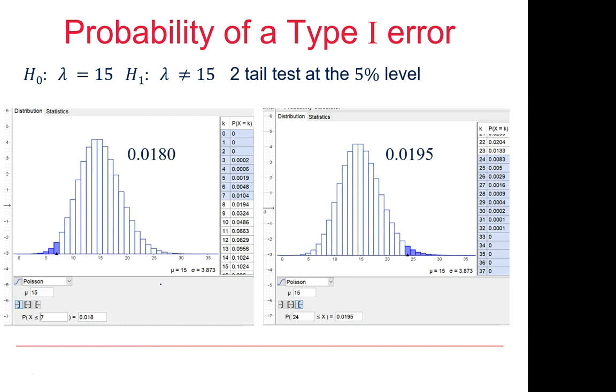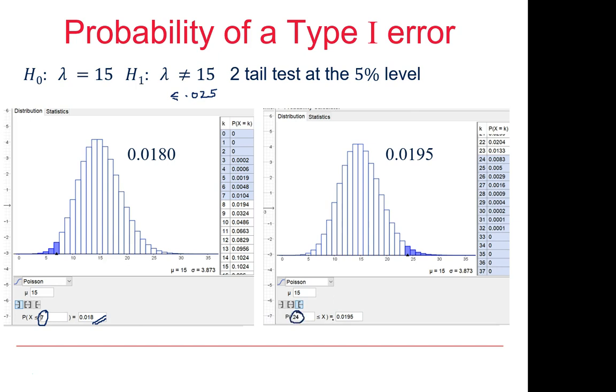Bearing in mind that each tail must have a probability less than or equal to 2.5%, if you work this out on your calculator or using GeoGebra, at the low end 7 is our cutoff point, and the actual probability there that keeps us below 2.5% is 0.018, and at the top end it's 24 or more.